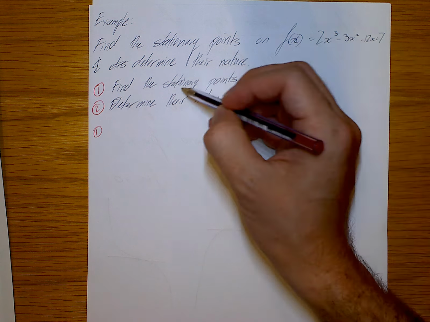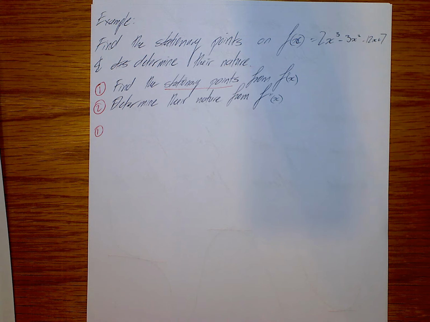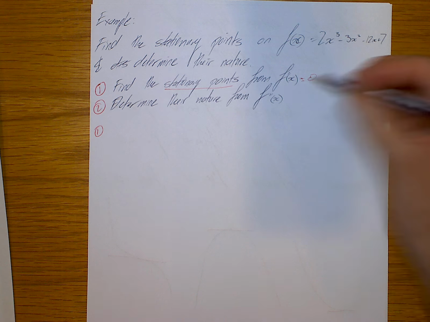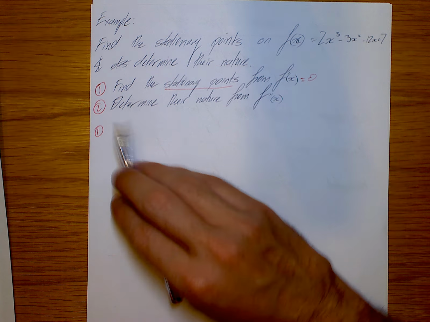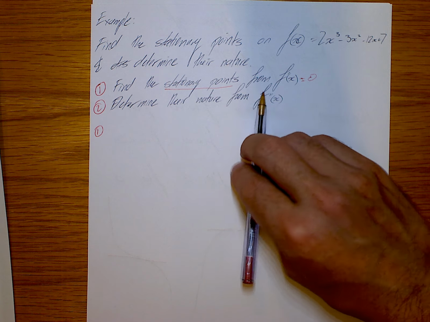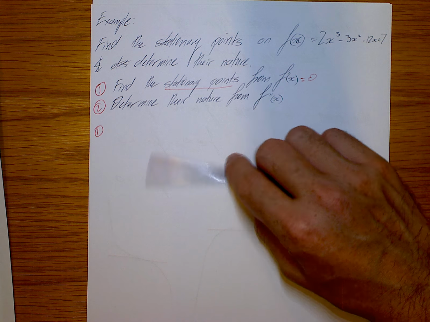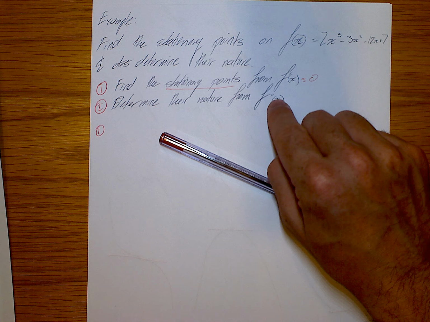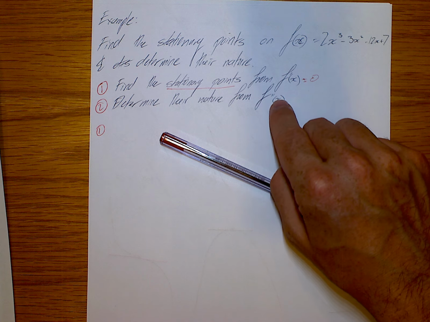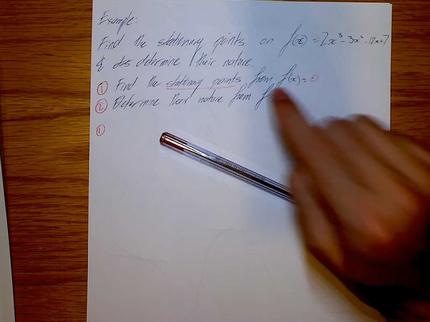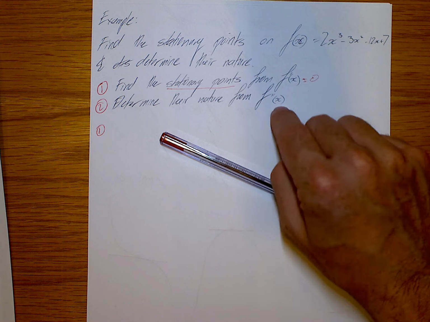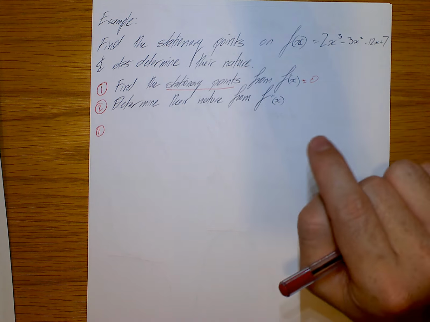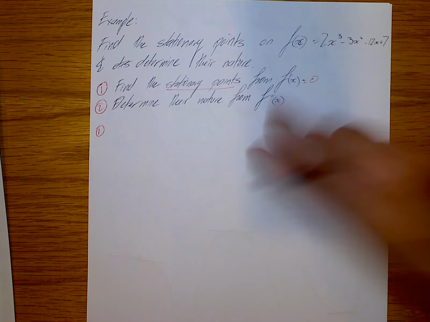Therefore, we've got our stationary points. Because they'll equal 0, we can make f dash x equal 0. To determine their nature, we'll have to differentiate it again, and from there we can plug in those x values, and it will spit out a number. If that number is positive or negative, then we can know what their nature will be. We can tell if they're going to be a maximum, minimum, or just a stationary point of inflection.